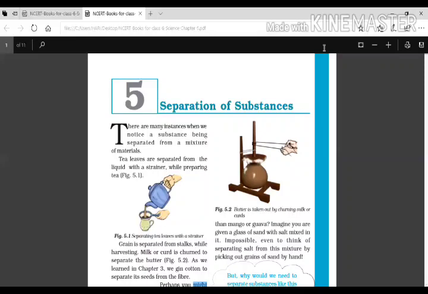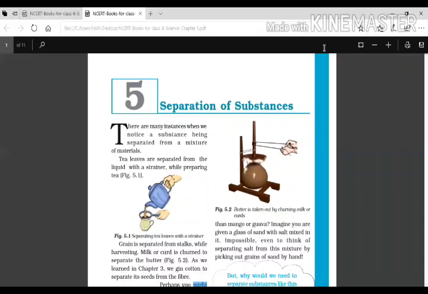And also the curd is churned to separate butter and buttermilk, right? There are many occasions in our daily life in which we have to separate the components of a mixture. In the first case, about the tea, the tea leaves are used for giving color and taste to the tea, but they should be separated.